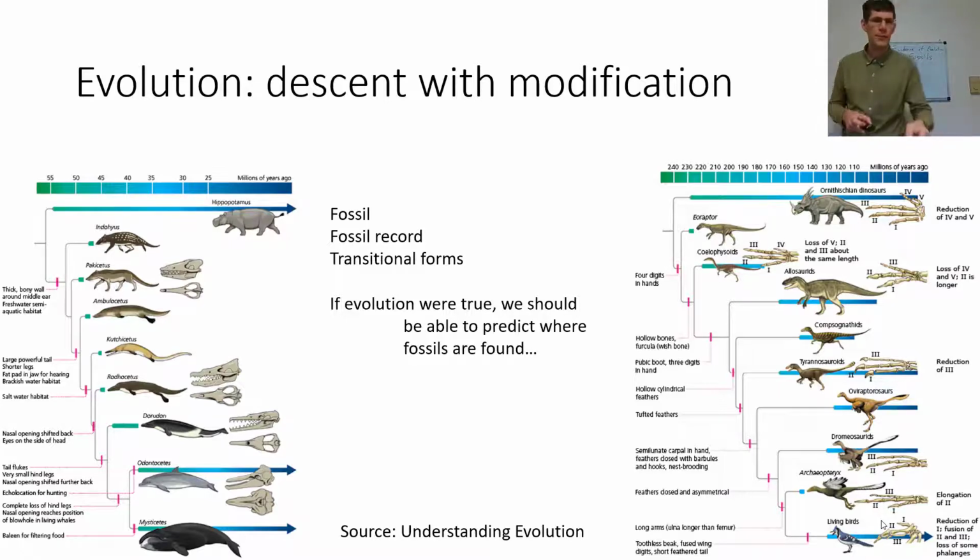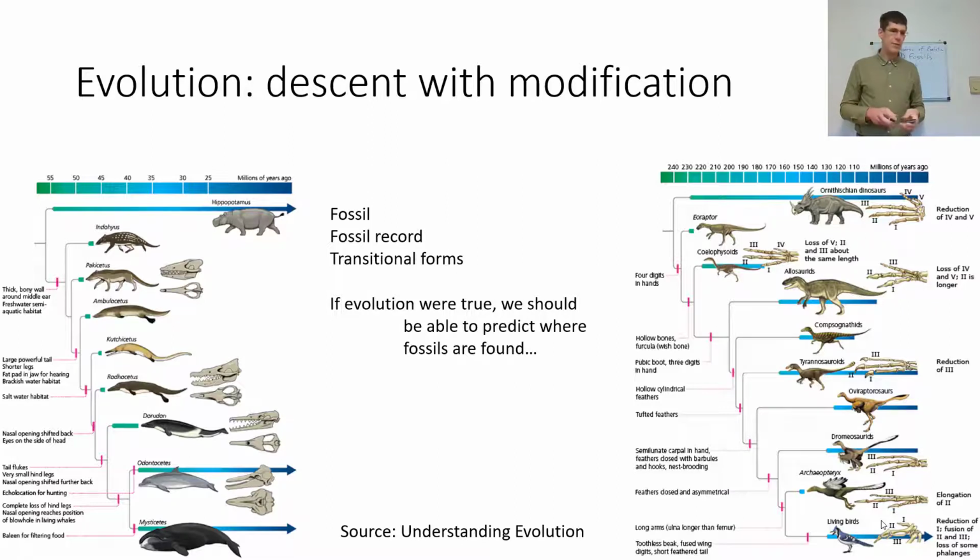We see Indohyus, this little rodent-like thing, which is more similar to Ambulocetus, which means walking whale. You see those far more distant than Dorudon, instead of seeing Indohyus at the same time that Dorudon was present. So Dorudon came after Ambulocetus, came after Indohyus, came after the most recent common ancestor with the hippopotamus. And you see these transitional forms in a certain orderly manner.